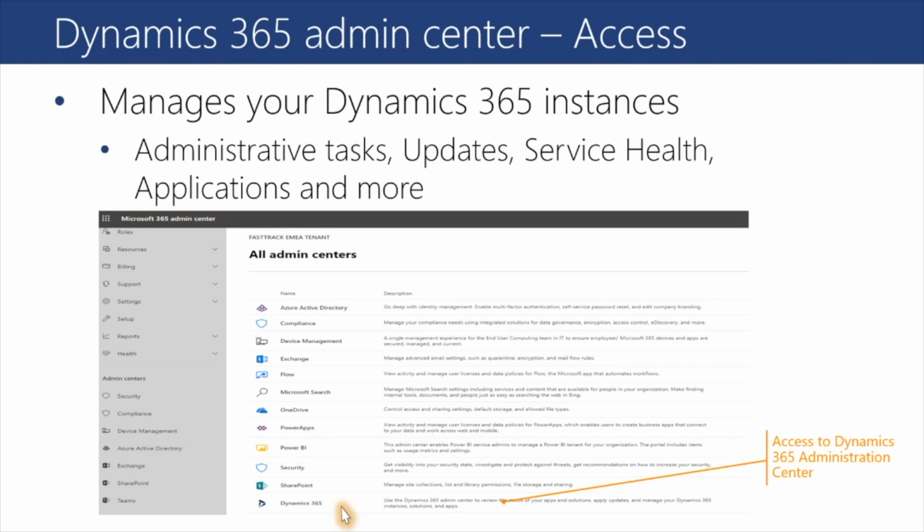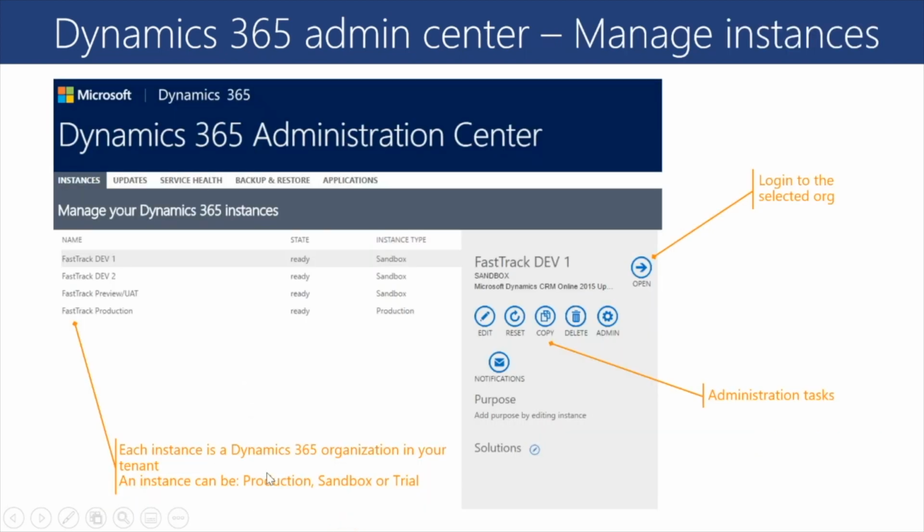Dynamics 365 Admin Center can be accessed via the Microsoft 365 Admin Portal, as I showed you before. And when you navigate to Dynamics 365 Admin Center, under the Instances tab, you can see each instance on your Dynamics 365 tenant. In this case, we have 4 instances in our fast track tenant. And you can of course have more instances.